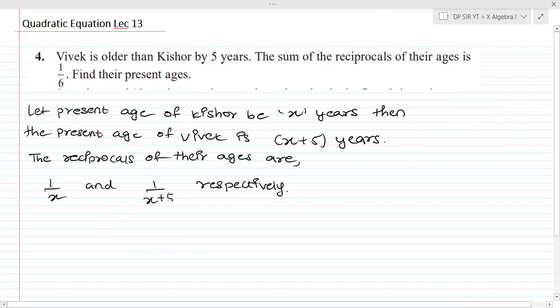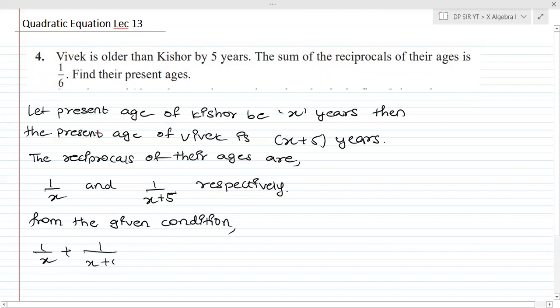So anyways, jokes apart, this is x and x plus 5 respectively. Now from the given condition, 1/x plus 1/(x plus 5) is equal to 1/6.